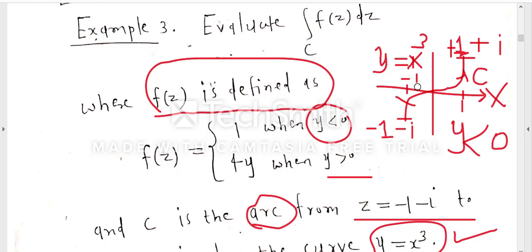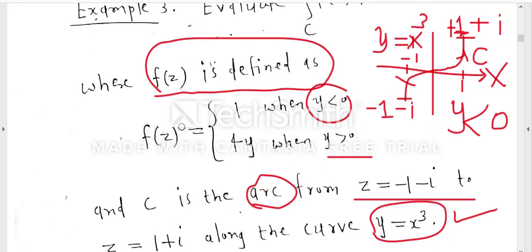Here the graph of y equal to x cube is continuous, but the function is different in two different portions of this curve. So I have to consider the contour integral along the part from -1 minus i to 0 and along 0 to 1 plus i, because the function has different values in different parts of the curve.